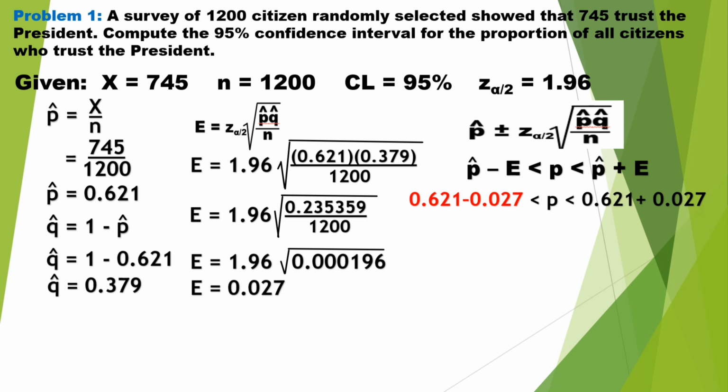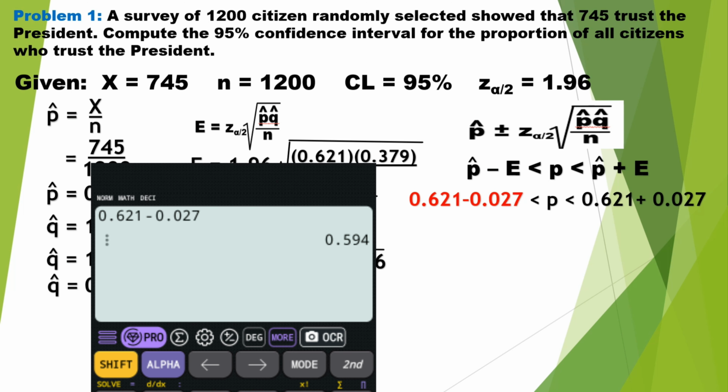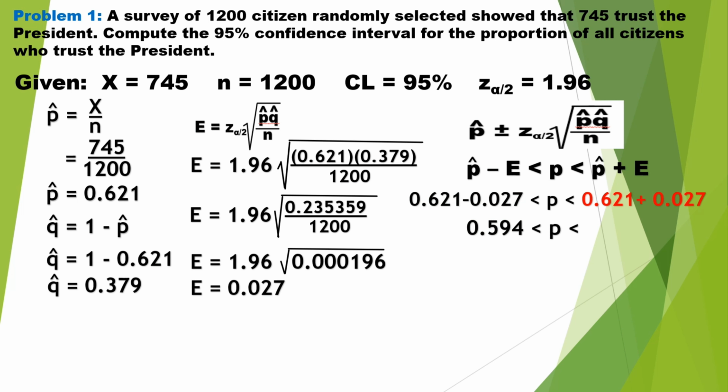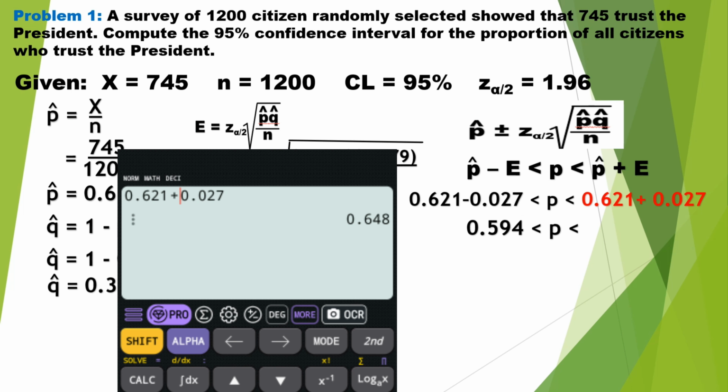Simplifying the left side, we have 0.621 minus 0.027 equals 0.594. Simplifying the right side, 0.621 plus 0.027 equals 0.648.